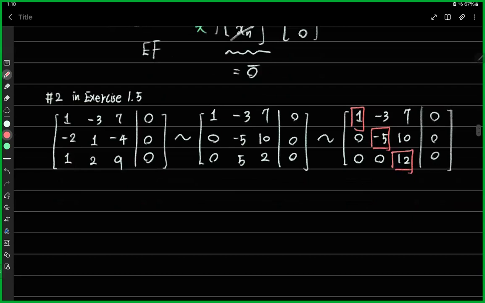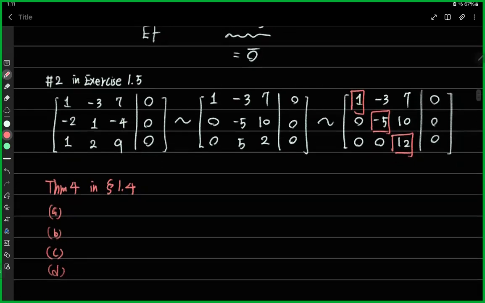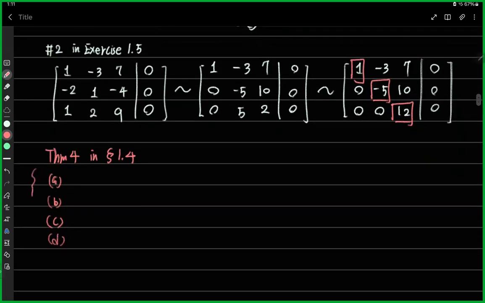So remember Theorem 4 in section 1.4? There is the four-statement list, right? Remember that? For every B, the system has... I forgot, but I think you can find it in the textbook, okay?